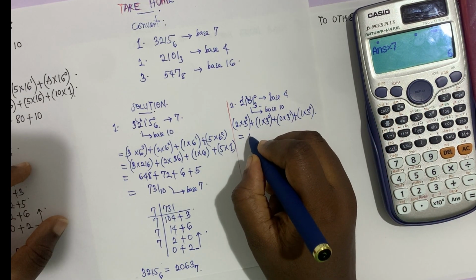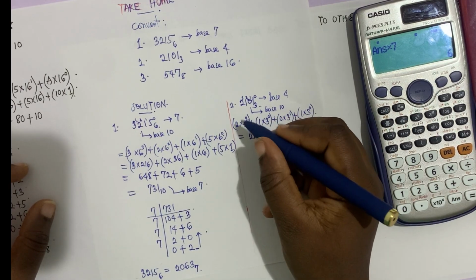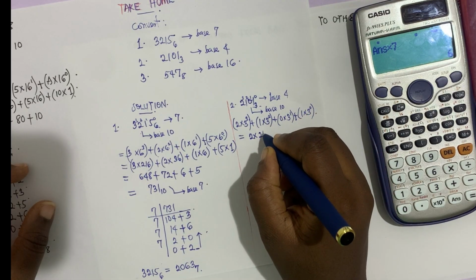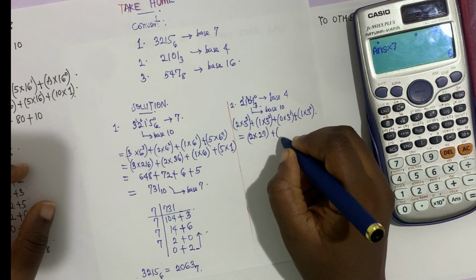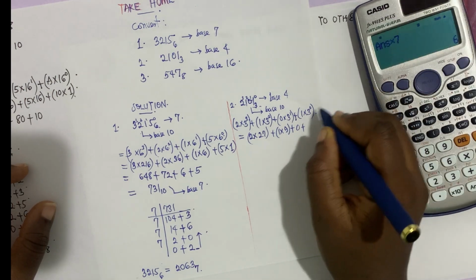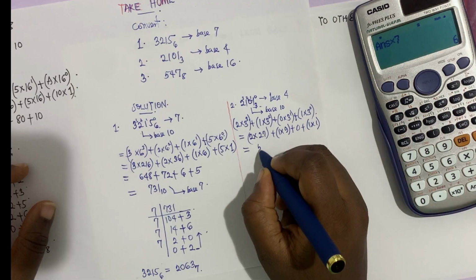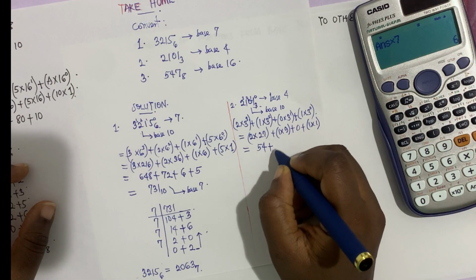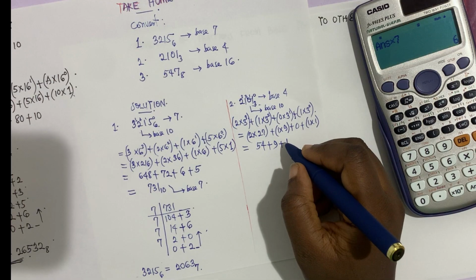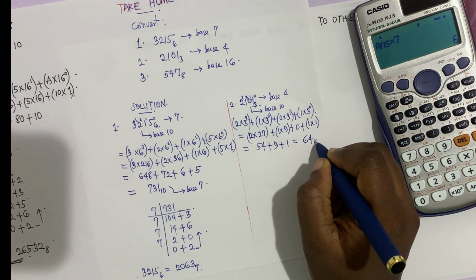So 3 raised to the power 3 is not 9, it is 3 times 3 times 3, which is 27. Plus 1 times 3 squared gives us 9. This becomes 0. So this becomes 54 plus 9 plus 1, and that becomes 64 base 10.